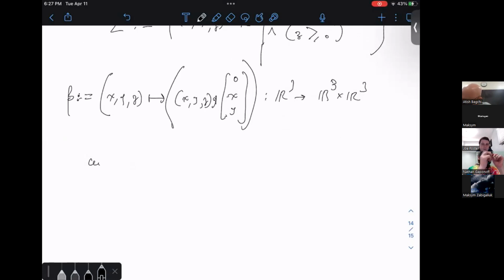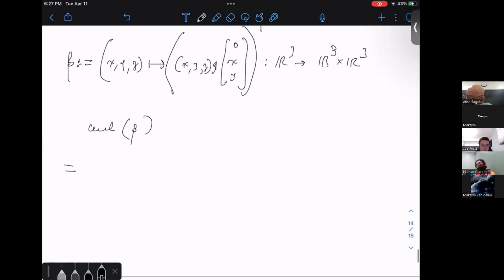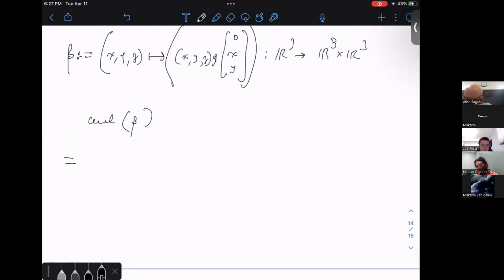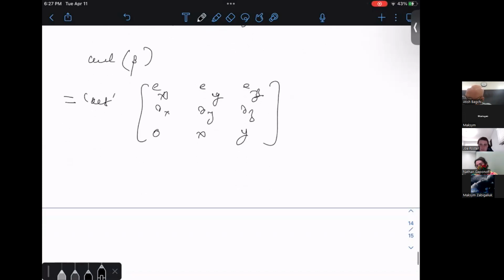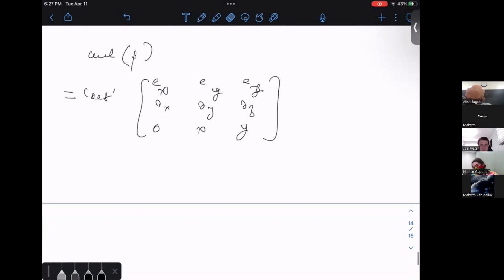So the curl of beta, which we have to calculate in any case, is equal to the determinant with Ex, Ey, Ez, del x, del y, del z, and 0, 0, xy. I will write on the next page.